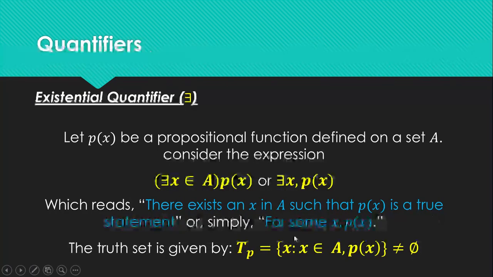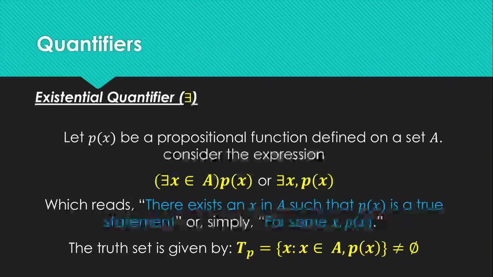Or simply stating, for some x, there is a certain element x that will make p of x true. The existential quantifier can be read as "there exists" or "for some." Now, the same as the universal quantifier, it also has a given truth set.